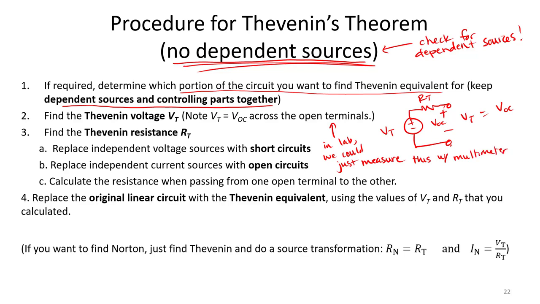We could actually put the red probe of the multimeter on the positive end and the black probe on the negative end, and measure what that open circuit voltage is. But of course, if we're solving the circuit on paper, then we need to mathematically solve for that open circuit voltage, which is the voltage across the two open terminals.